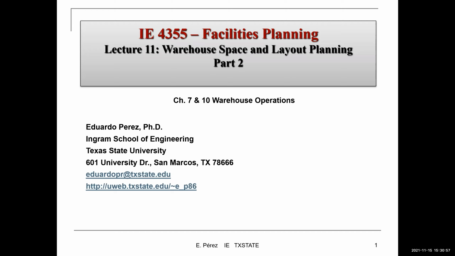And the idea on Wednesday, we looked at the planning of a warehouse from 2 different philosophies. So we looked at the difference between randomized storage philosophy and also the dedicated storage philosophy.